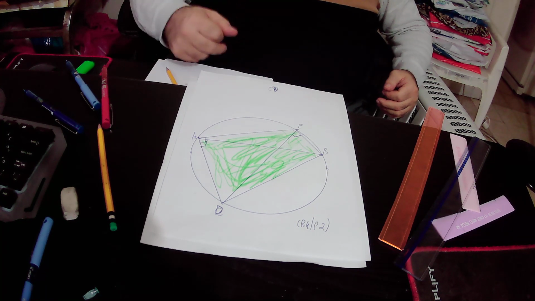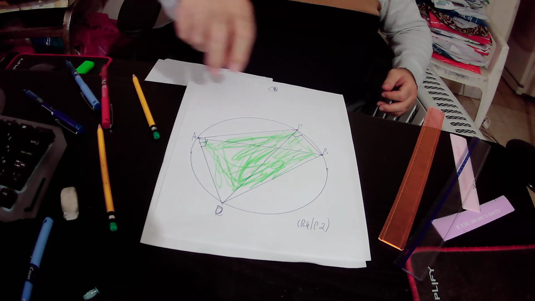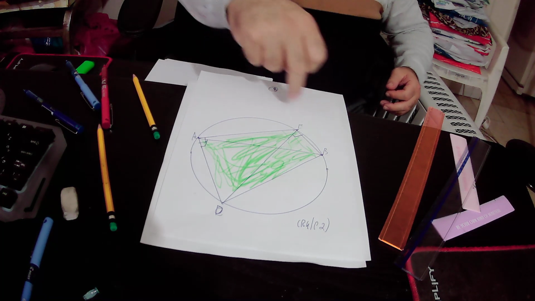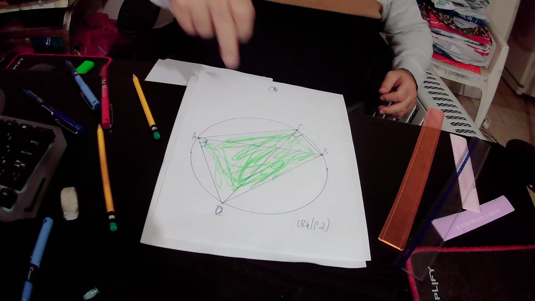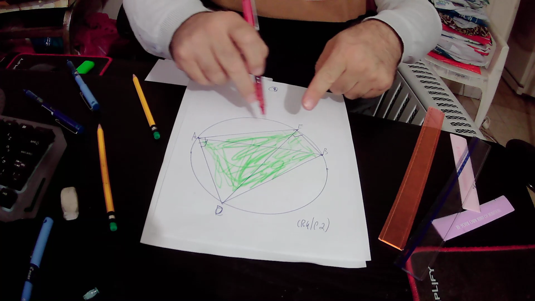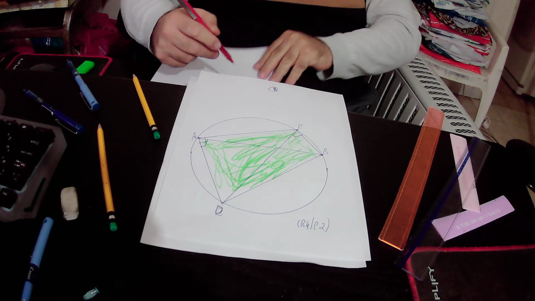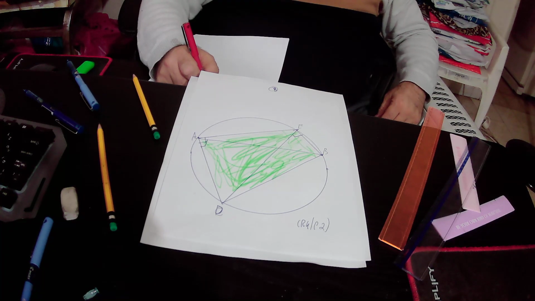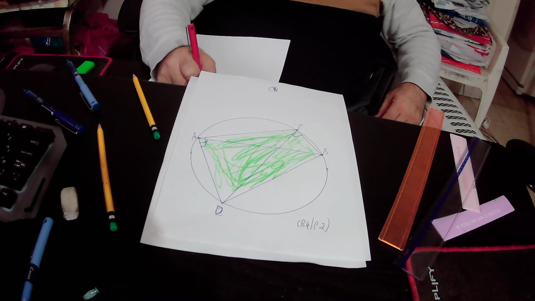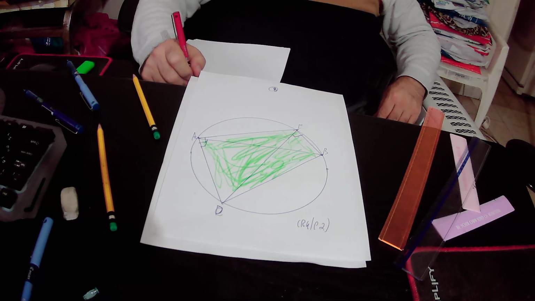And according to rule number 3, because we have quadrilateral AEBD that is inscribed by this blue circle, the product of its diagonals, that is to say AB times ED, equals the sum of the products of its opposite sides.